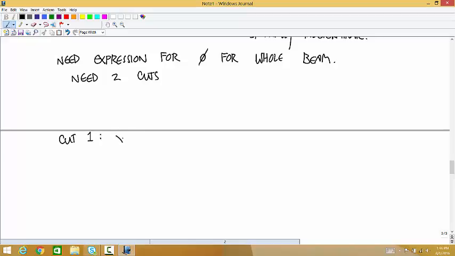Cut 1 is valid for x values between 0 and 0.25. We have the torque over here of TL. And then the internal torque that we're trying to calculate.